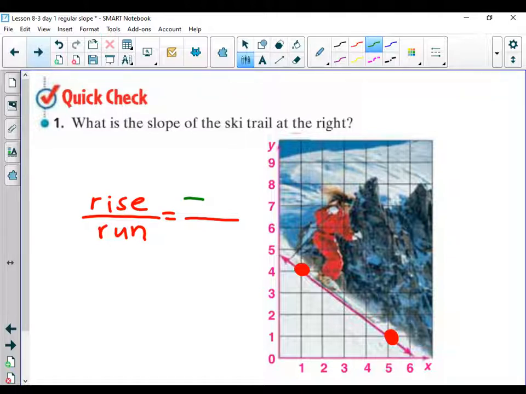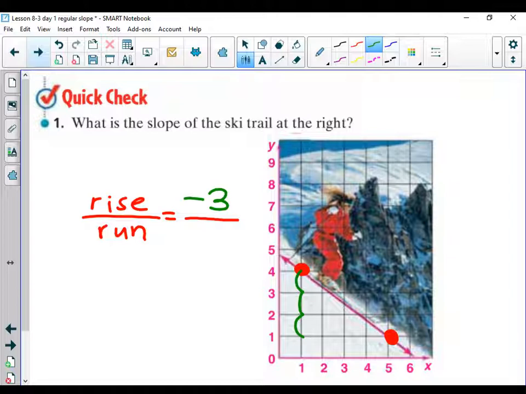I am going to count now a rise down because we knew it was negative. So how many boxes down until I line up with the other point? 1, 2, 3. Did you count 3? Okay, so my rise is -3.